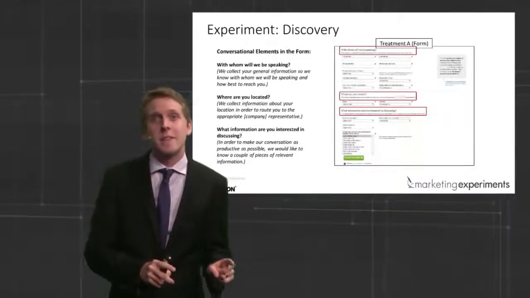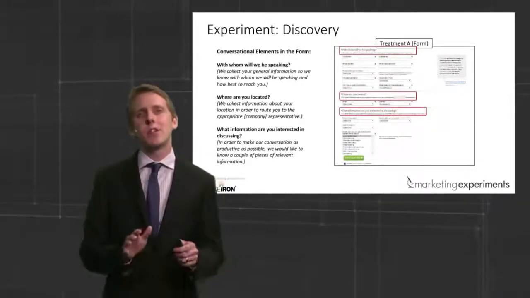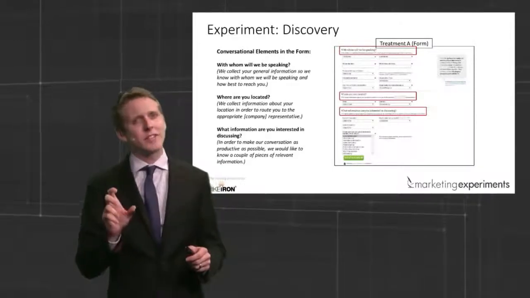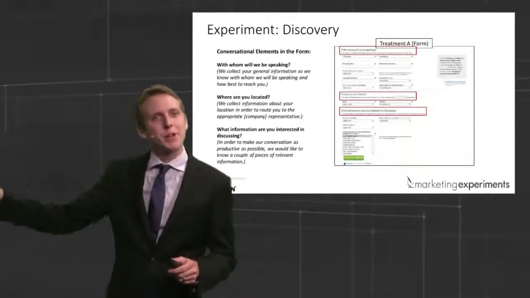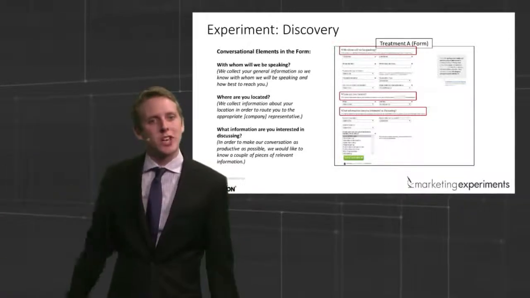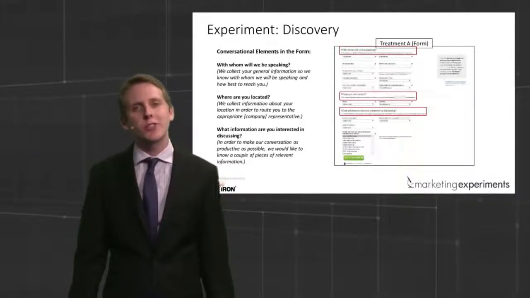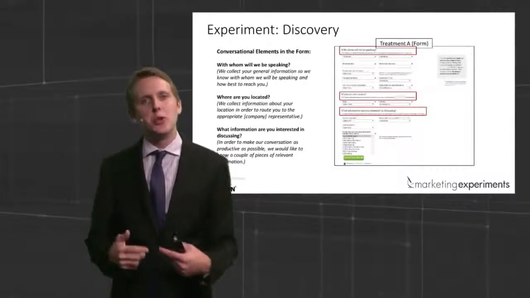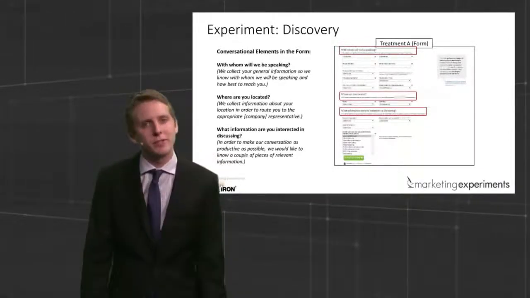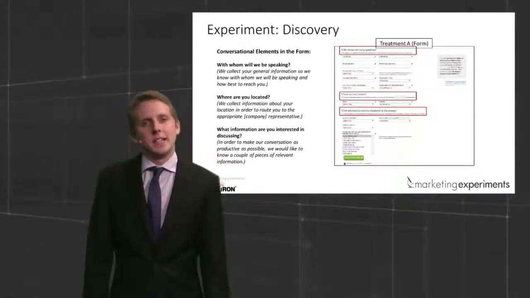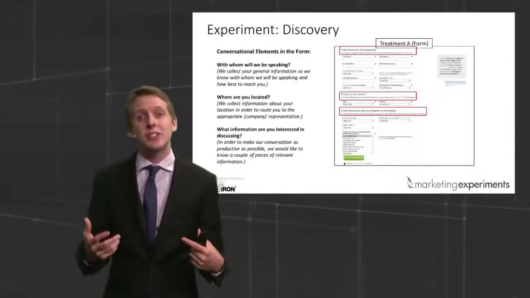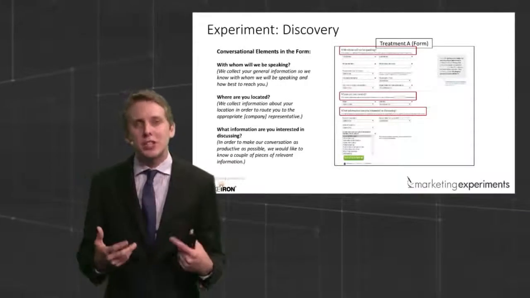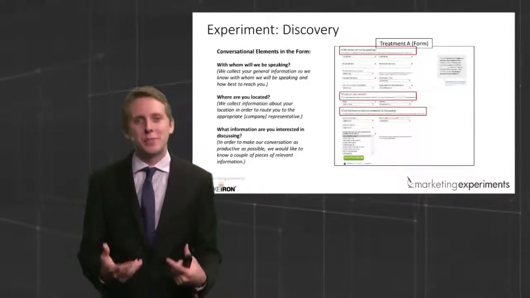That's the first thing. The second thing, which is potentially even more impactful, and guys, it's a little bit deep here, so just think with me. We're setting up a conversation. What does a question like, what information are you interested in discussing, do for that conversation that's going to come in the future? The value proposition of that future conversation is actually being established and communicated even in this moment.